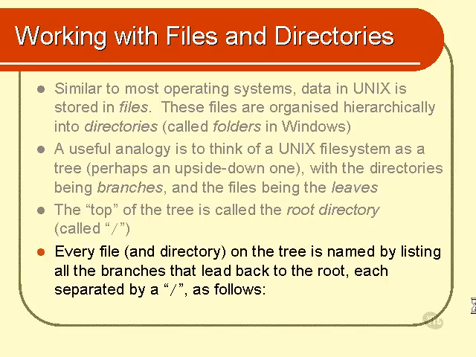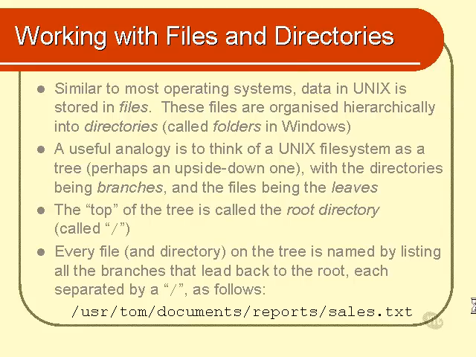We have a particular nomenclature for addressing each particular branch and leaf on the tree. In other words, each directory and file has its own particular name, and these names are created by combining the name of the file or directory that you're trying to name with the names of all the branches that lead to that particular file. We separate each by a slash. Now, if that doesn't make any sense to you, have a look at this example.